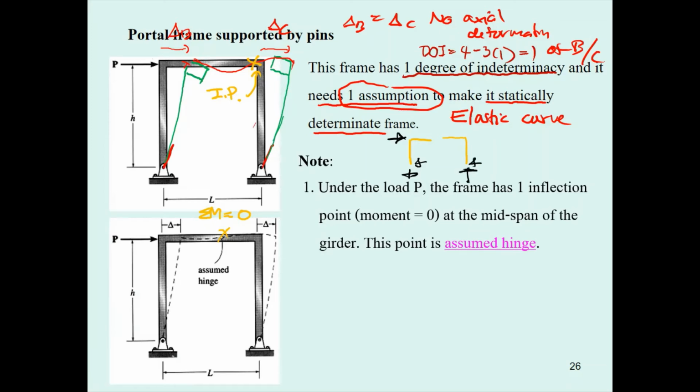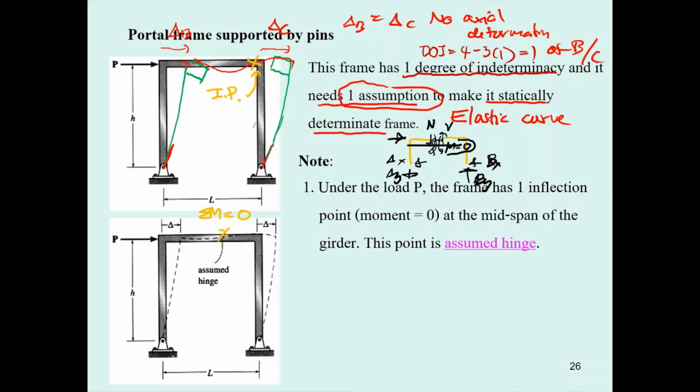This is going to be 4, and then 5, and then 6, and then the normal force. So we have N, we have V, we have M, we have A sub X, A sub Y, we have B sub X, we have B sub Y. And what we can solve for this, you may just take the moment here to be 0.